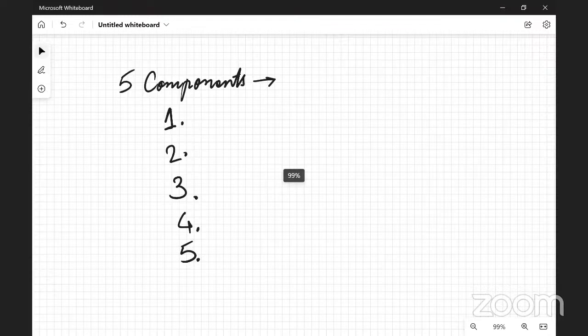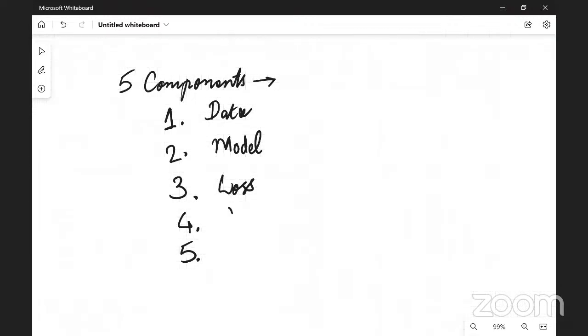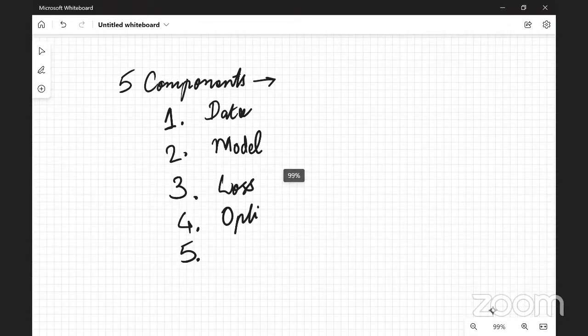Training data. Data, then there is model, loss function, optimization, and then evaluation. Correct.